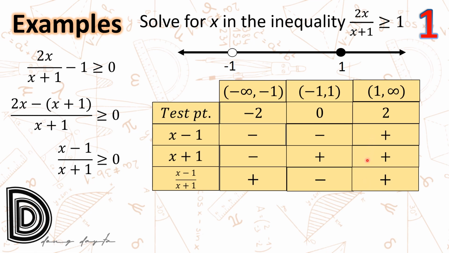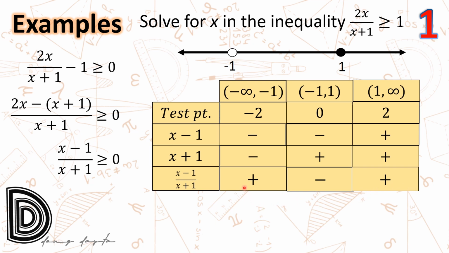So the signs of the rational expression give us the solution to the rational inequality. And since our inequality is greater than or equal to 0, we will get the intervals with the positive signs as the solution. And what are these intervals?